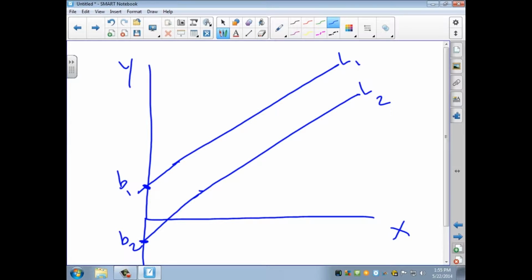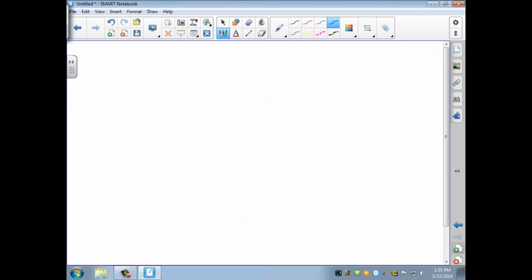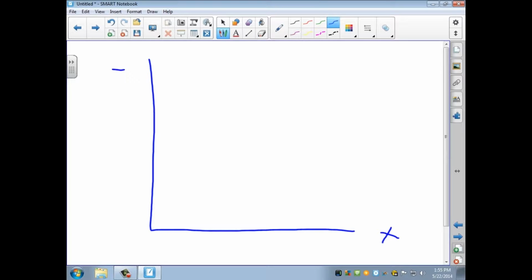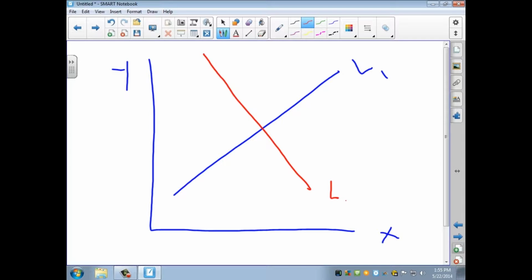One other possibility for the relationship between two lines is that two lines may be perpendicular to each other. So one is L1, for example, and the other one, let's say L2. So this angle is a 90-degree angle.